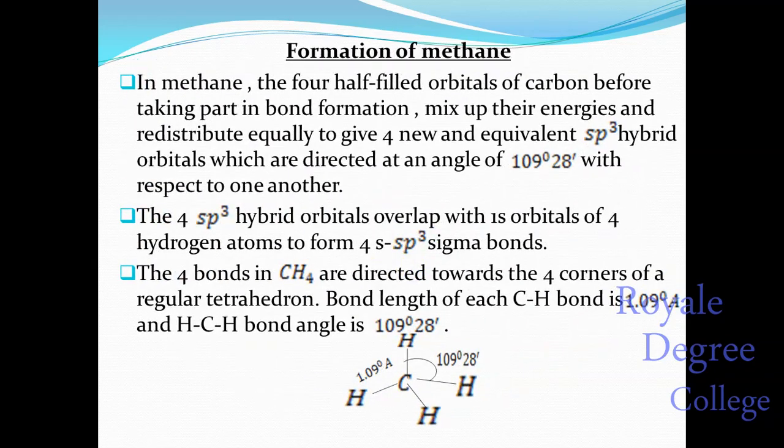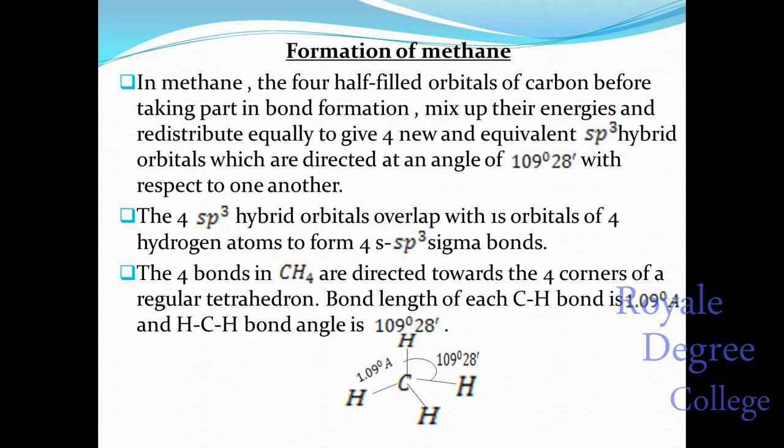Now we'll see about the formation of methane, in which sp3 hybridization is involved. In methane, the 4 atomic orbitals of carbon, before taking part in bond formation, mix up their energies and redistribute equally to give 4 new and equivalent sp3 hybrid orbitals, which are directed at an angle of 109 degree 28 minutes with respect to one another. The 4 sp3 hybrid orbitals overlap with one s orbital of 4 hydrogen atoms.